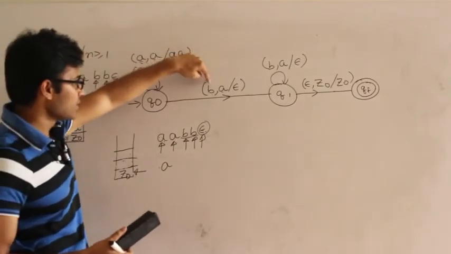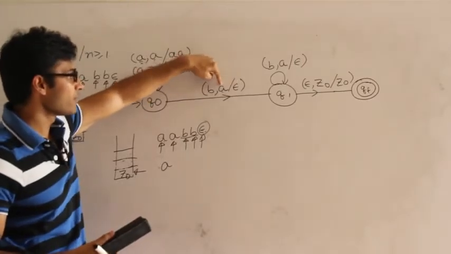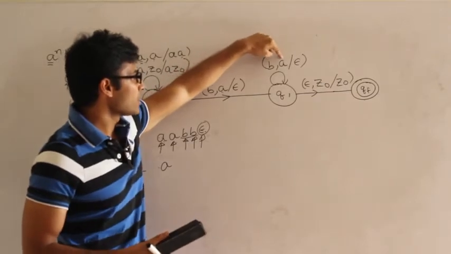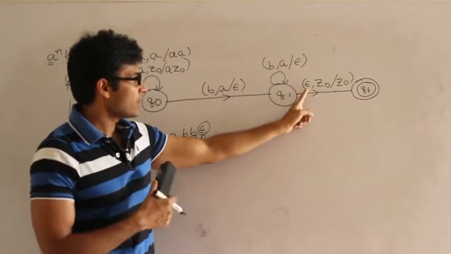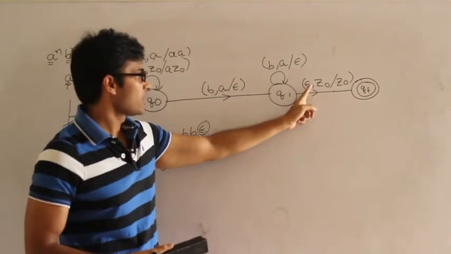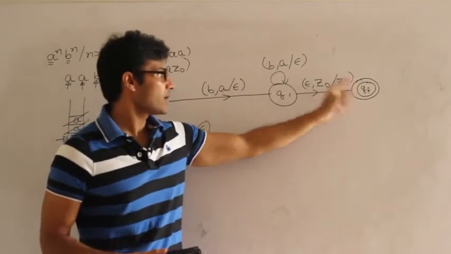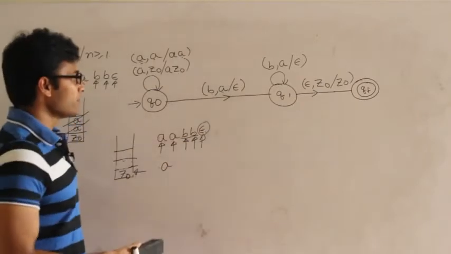Then if the B is in the input and small a is on top of the stack, I'm simply popping off A. Then as long as I see B's in the input and there are A's on top of the stack, I'll keep on popping them. Then finally the entire input will be over, that is by epsilon, and then Z0 will be on top of the stack. So leave it as Z0 and accept it. This is called state transition diagram of the PDA.